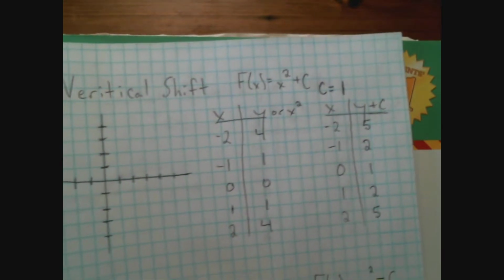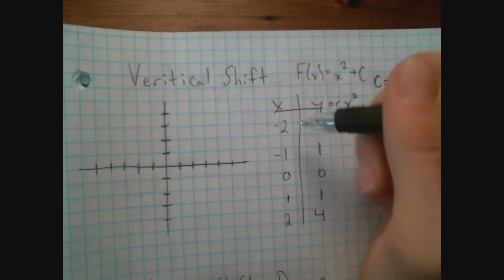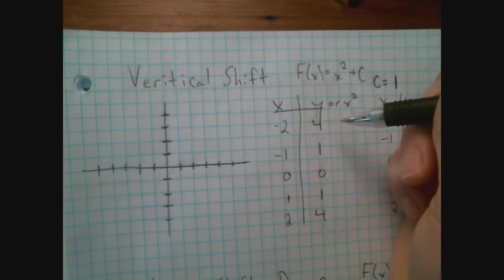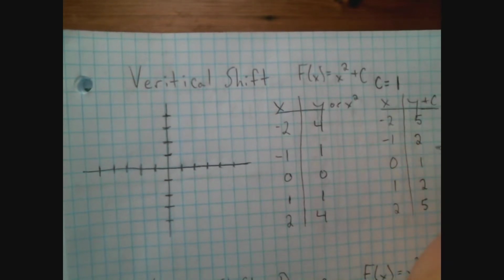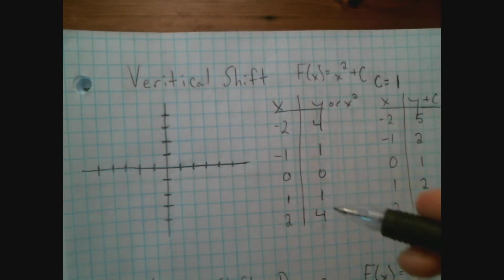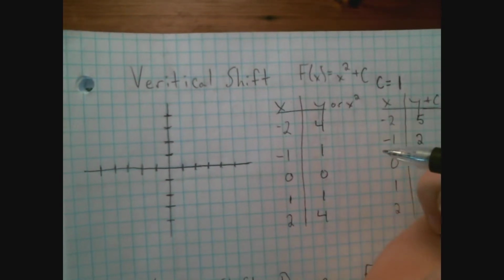Now we go over to the graph, and I'm going to graph the original xy function with a dotted line, so it's easier to see once we get all our different shifts on here.